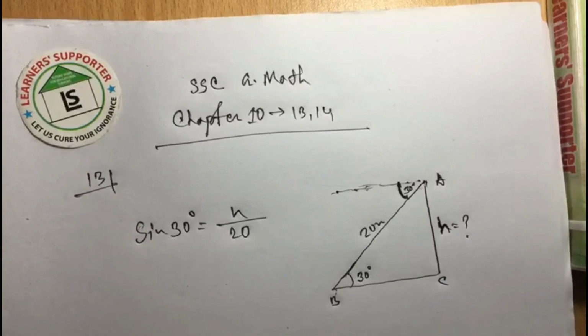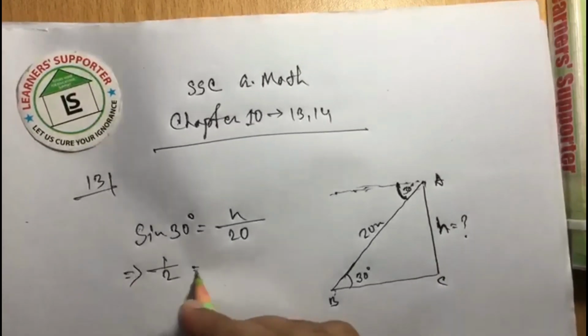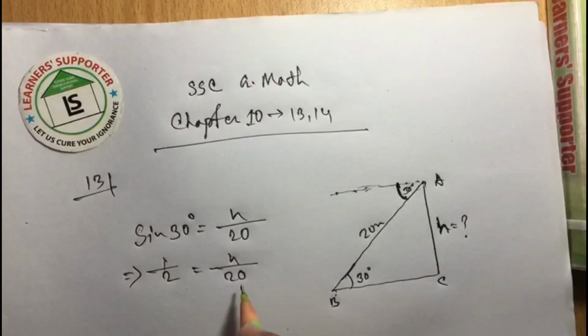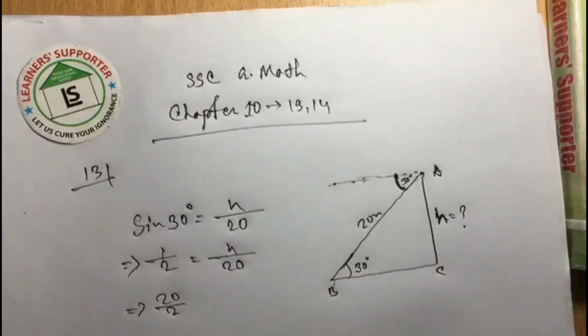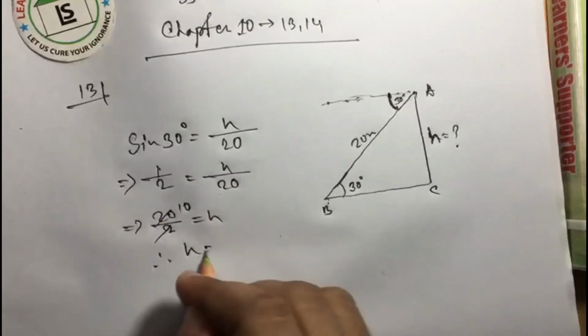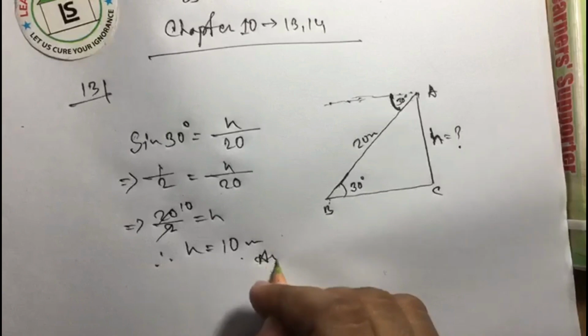We will put the value of sine 30 degrees, it is 1 by 2, so 1 by 2 equals h by 20. If we transfer the 20 to the left side, then it will be 20 by 2 equals h. This is 10, so h equals 10. That means the height of the house is 10 meters. This is our answer.